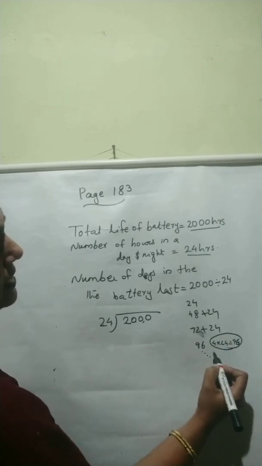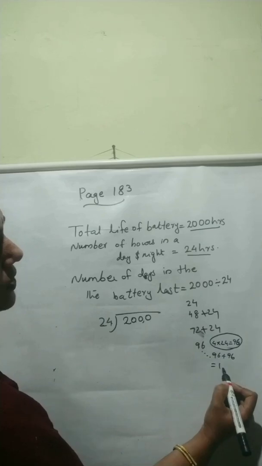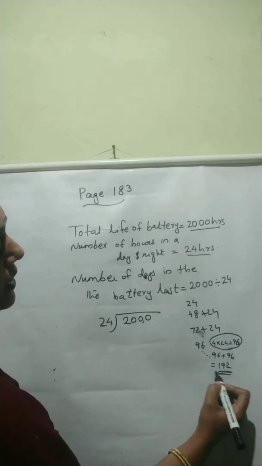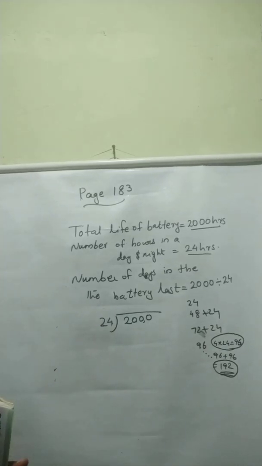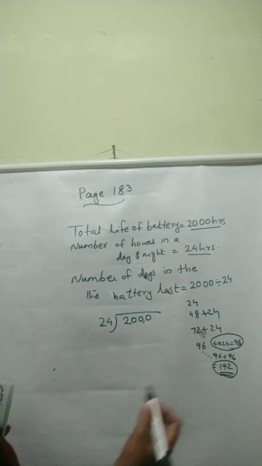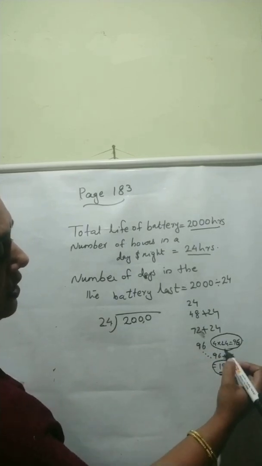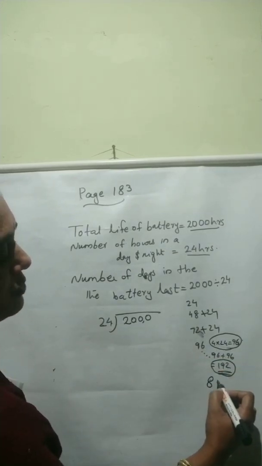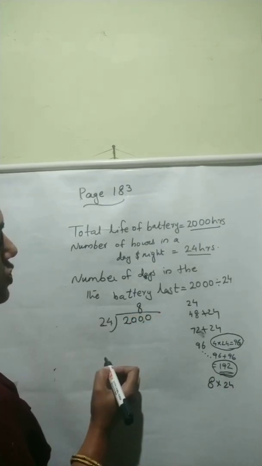So 96 plus 96 is 192. 192 is nearest to 200. So double of 96, 8 times 24 will be there. So we can write it here as 8.